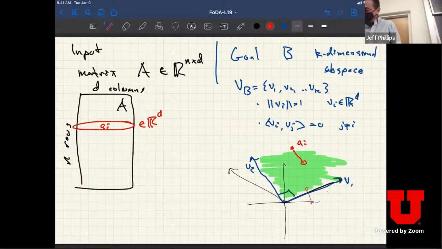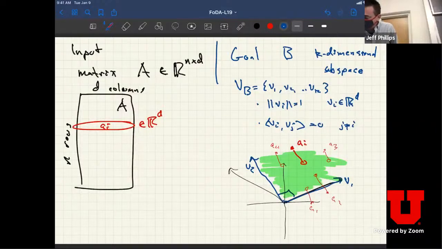In general, if there are a whole bunch of these points, this is A1, A2, A3, A4, and we have a whole bunch of them, I want to find this green subspace, a lower dimensional subspace, that minimizes the sum of these squared errors.